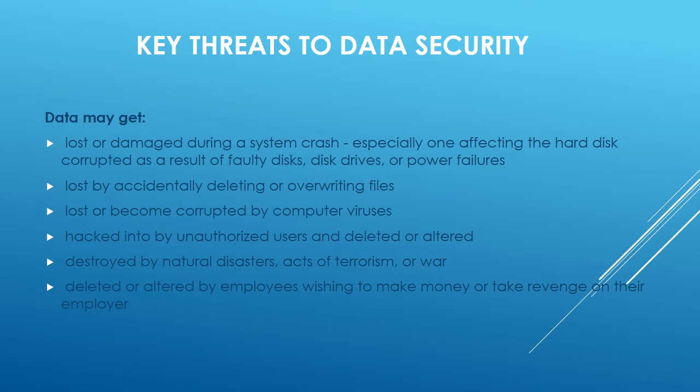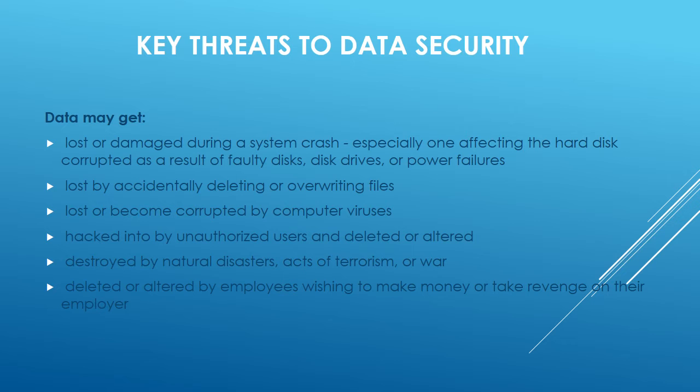Data may get lost or damaged during a system crash, especially one affecting the hard disk, or corrupted as a result of faulty disks, disk drives, or power failures. Data may be lost by accidentally deleting or overwriting the files. It may get lost or become corrupted by computer viruses.